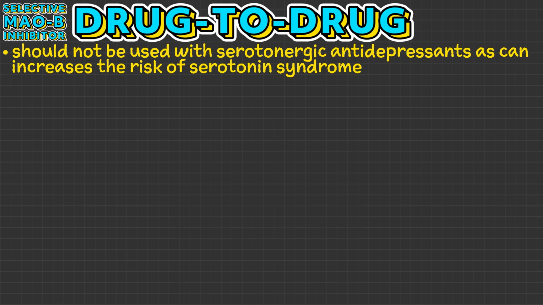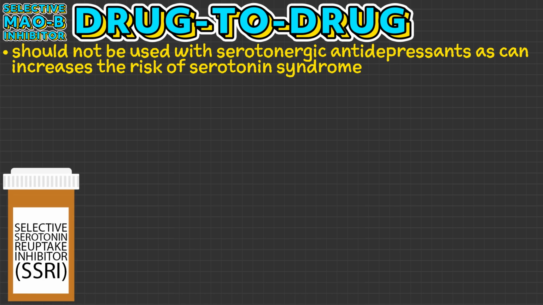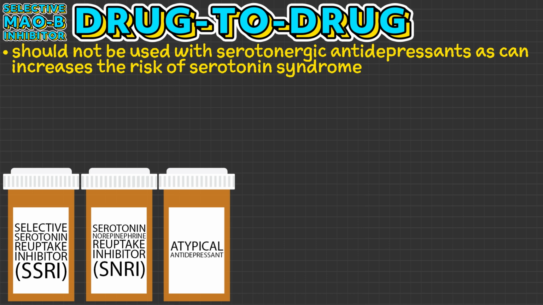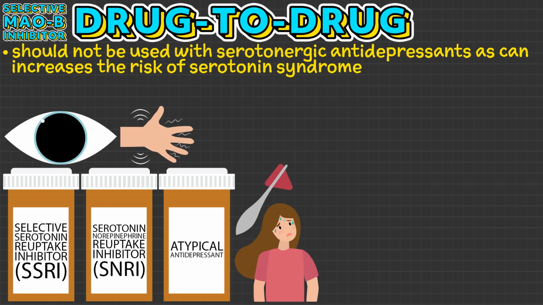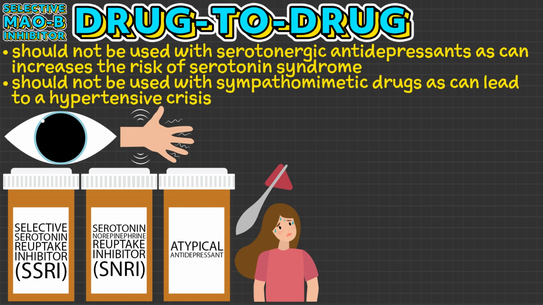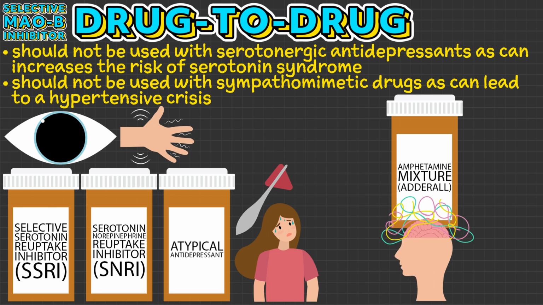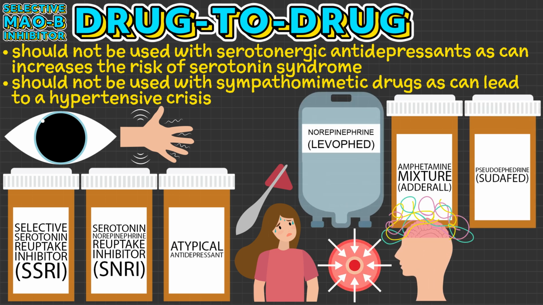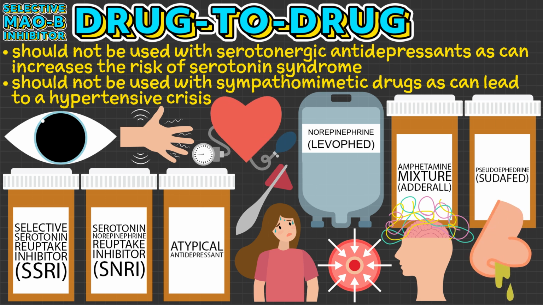Selective MAO-B inhibitors should not be used with serotonergic antidepressants, such as selective serotonin reuptake inhibitors, serotonin norepinephrine reuptake inhibitors, and some atypical antidepressants, as concurrent use increases the risk of serotonin syndrome. Additionally, they should not be used with sympathomimetic drugs, such as amphetamines, a central nervous system stimulant, norepinephrine, a vasopressor, and pseudoephedrine, a nasal decongestant, as it can lead to a hypertensive crisis.